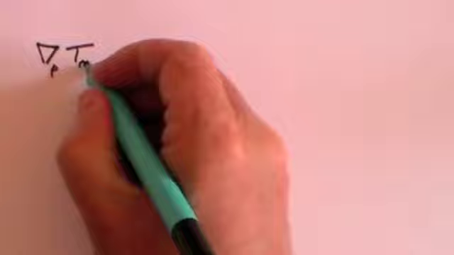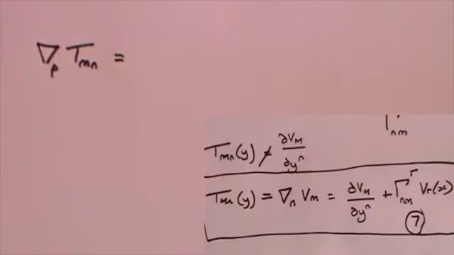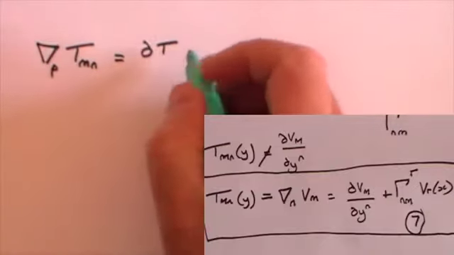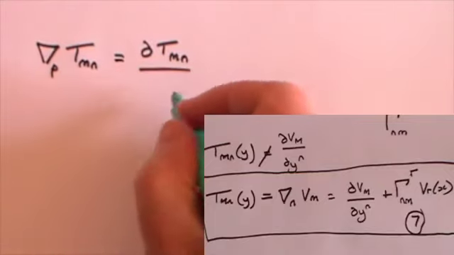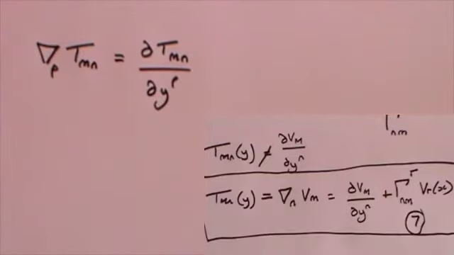So let's take the covariant derivative, I'm going to have to use p because I'm going to use m and n in a moment, because I'm going to do the covariant derivative of the tensor Tmn. And that is going to be, if you look at the equation that we just derived, which is equation number 7, showing essentially if I double that up for two indices, I'm going to get the ordinary derivative, dTmn by dyp. You can see how that derives from equation 7.